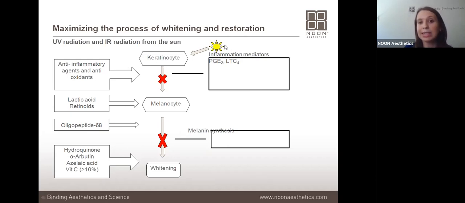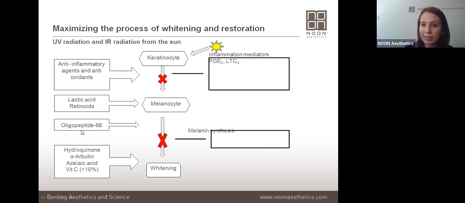So at first, the sun, as we said, is the cause for all of this. So the sun protection is crucial over here. The second is the anti-inflammatory agents and the antioxidants that contact in this stage of the process between the keratinocyte and the melanocyte. Lactic acid and retinoids can help reduce the manufacturing over here.